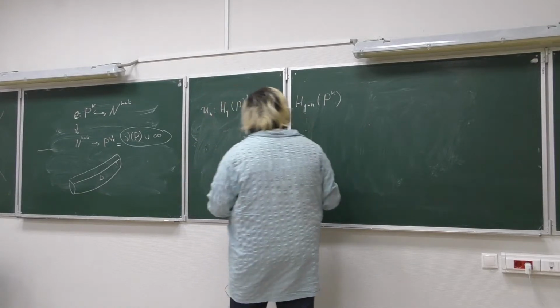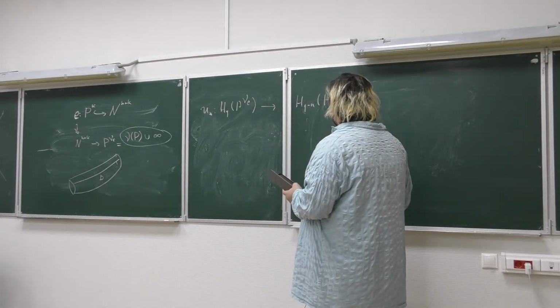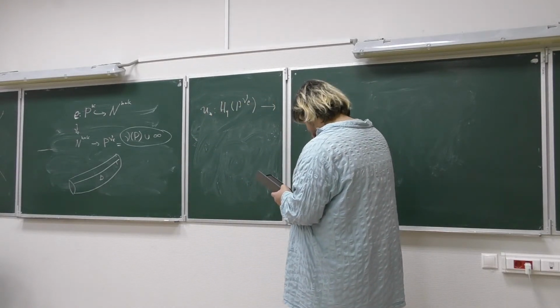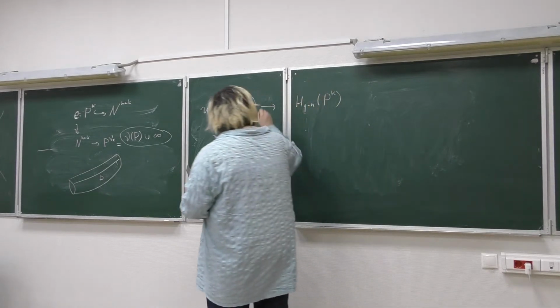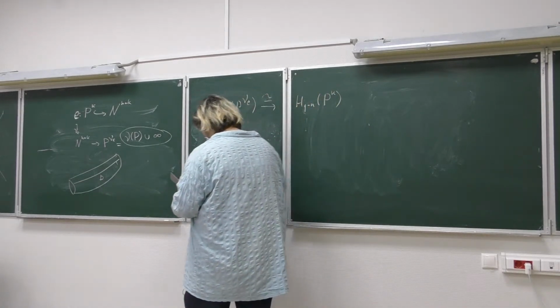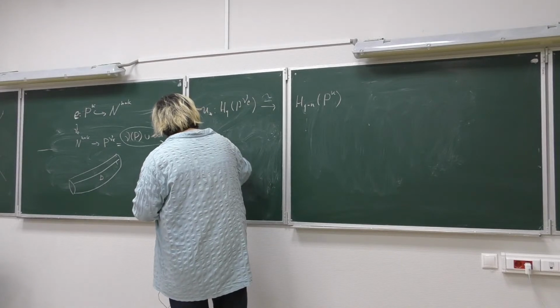So I think this is quite clear because it was already explained last time. And so also we have a push-forward map which goes like this.